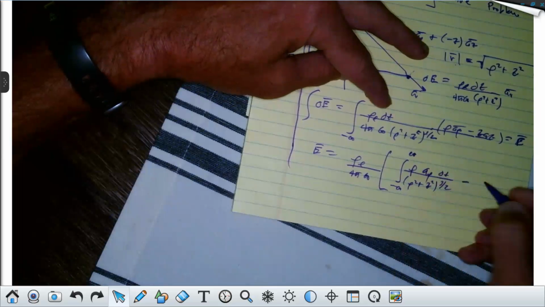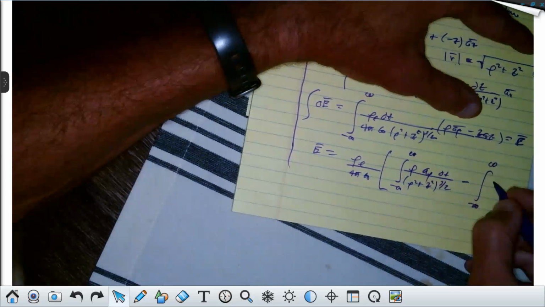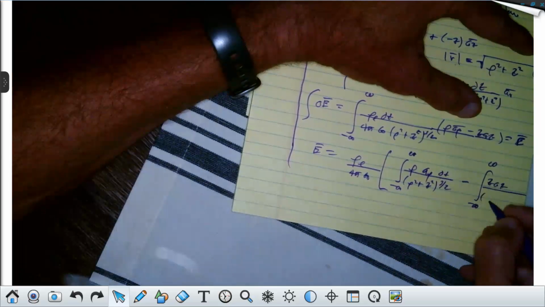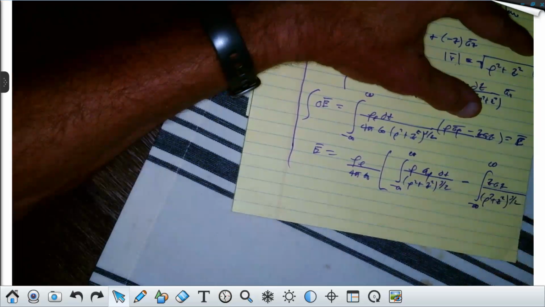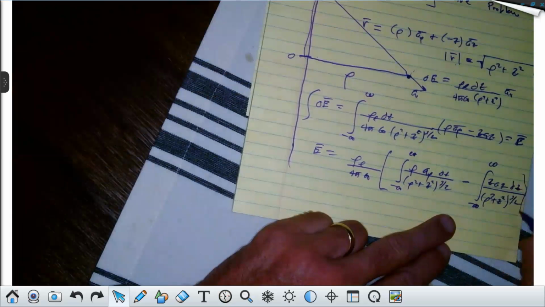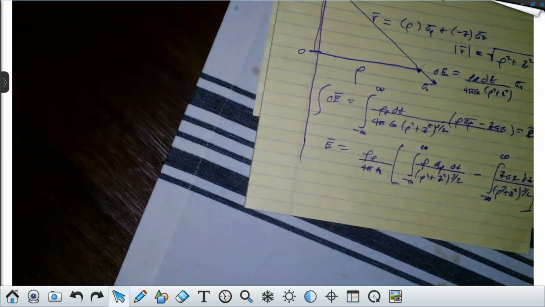And I have minus the integral from minus infinity to infinity of Z A Z over rho squared plus Z squared to the 3/2 power. And that's got a dz differential. Everybody follow me on that? I'm going to have to get another piece of paper, or I'll have to flip the page, but go ahead, take a look at that.